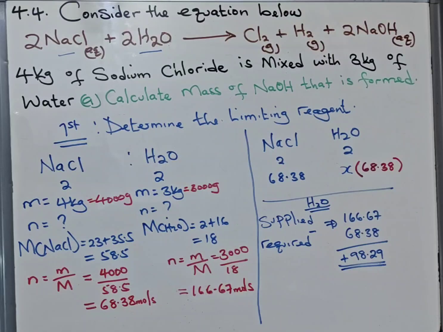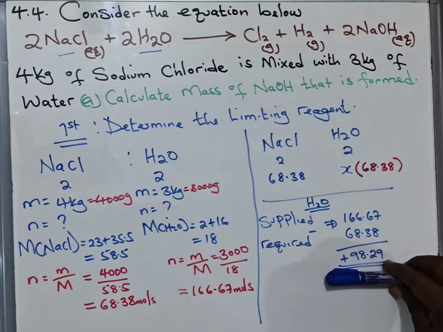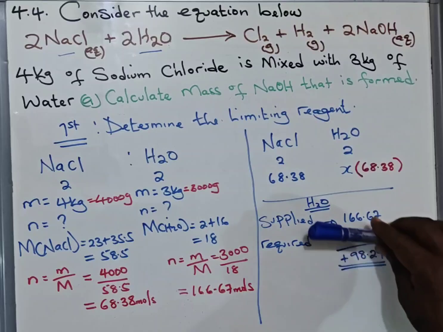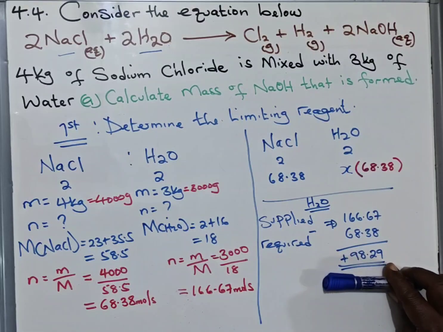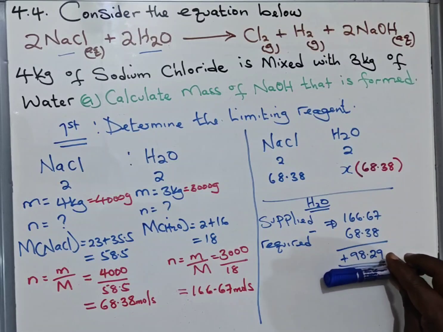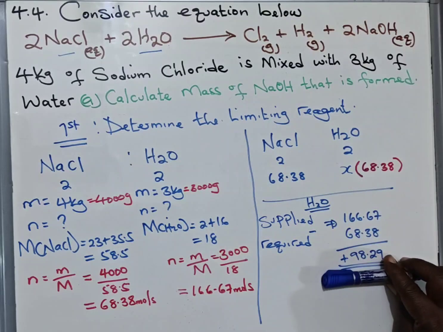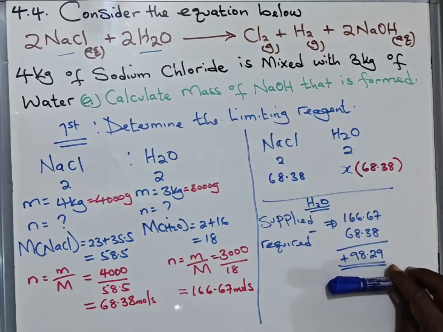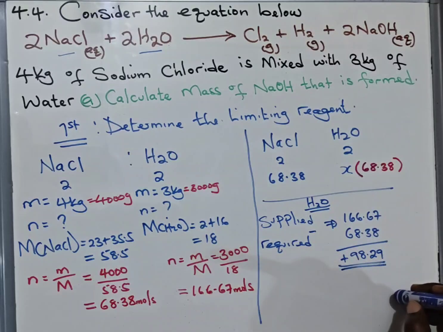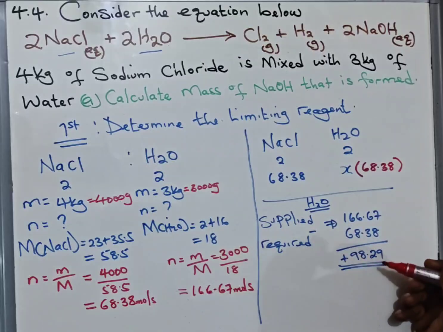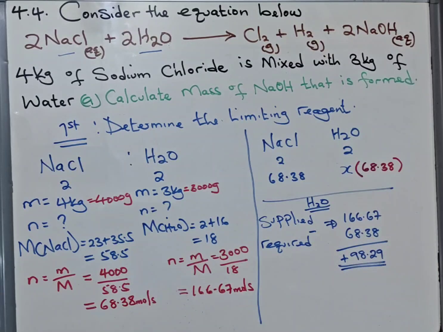Now you need to know that if the difference between supplied and required is positive, it means that whatever entity you are dealing with here is in excess. And if it's negative, then whatever you are dealing with is the limiting reagent. So this is the water we are talking about here, and it's positive. So what does that mean?